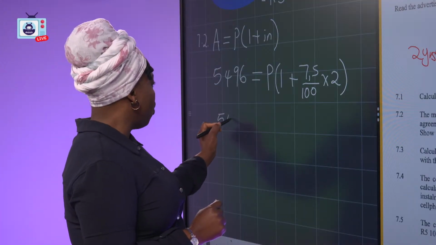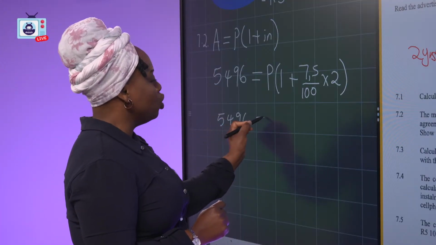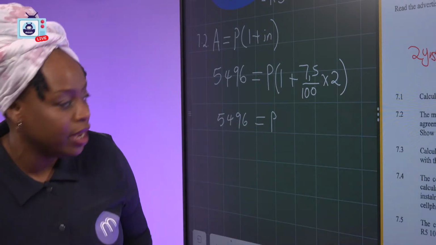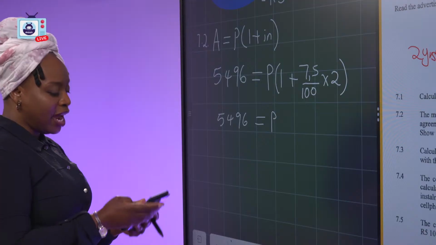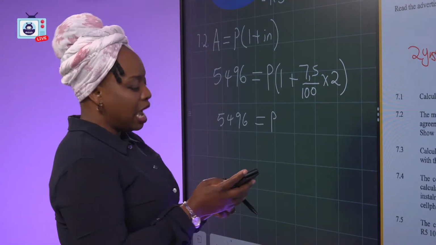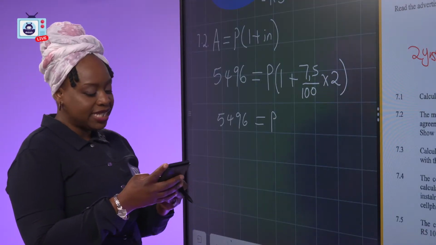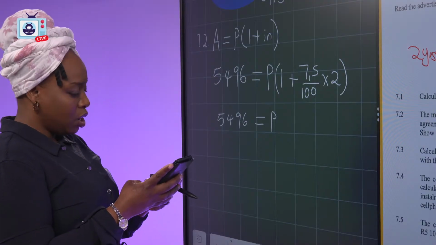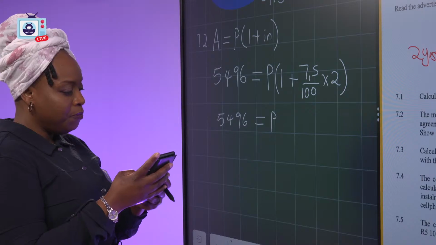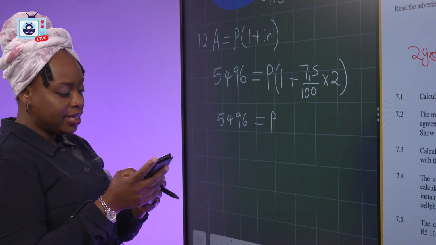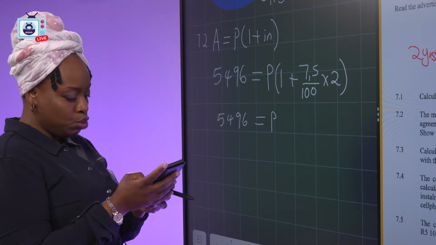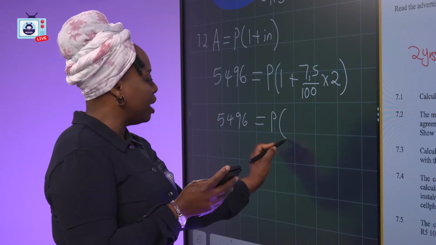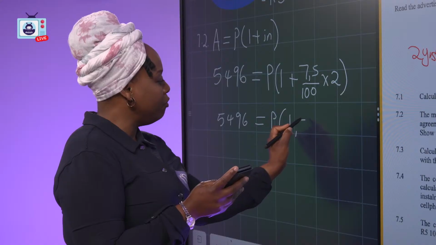So let's do one more step, although it's not necessary if you are able to get to the answer right away. In this step, we want to apply BODMAS and calculate whatever we have inside the bracket, which is 1 plus 7.5 divided by 100 multiplied by 2, and that gives us 1.15.